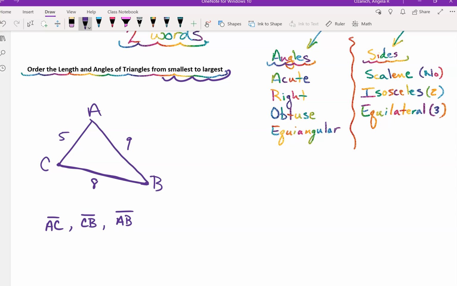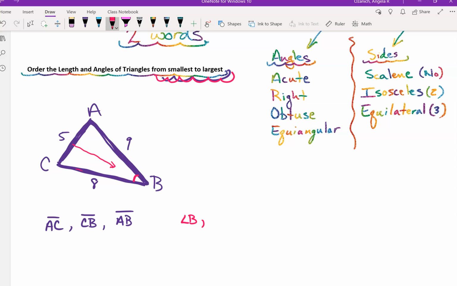Now I might not know the measure of my angles, but guess what? The largest angle is always across from the largest side, and the smallest angle is always across from the smallest side. So if I wanted to name the angles from smallest to largest, my smallest angle is going to be directly across from my smallest side. So angle B would be the smallest.